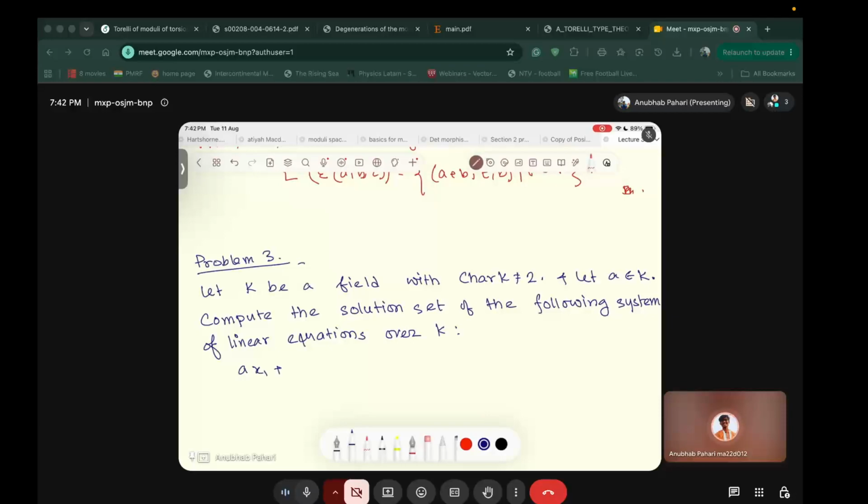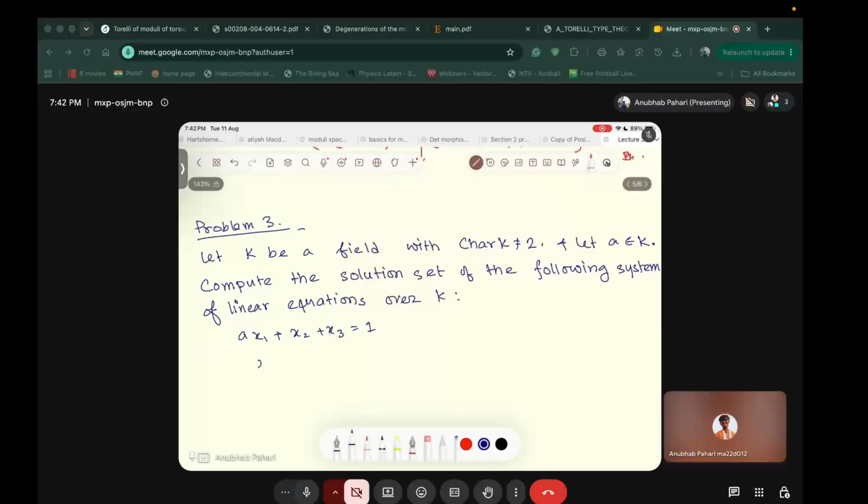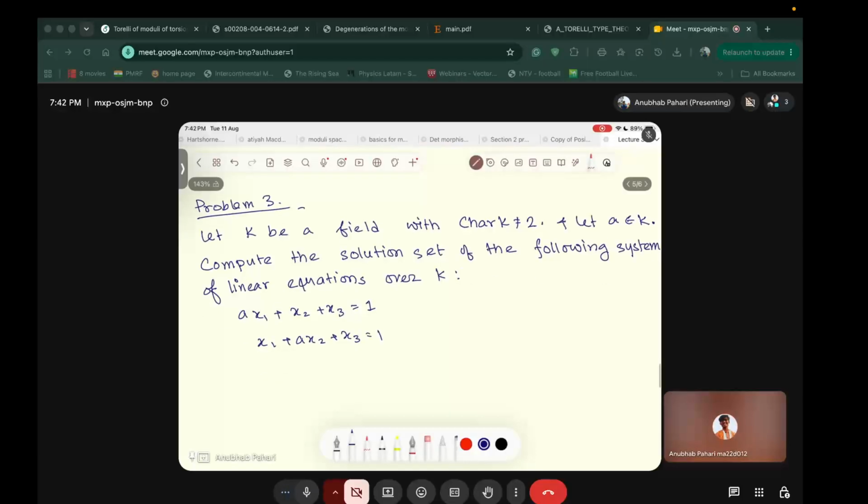x1 plus x2 plus x3 is 1, x1 plus ax2 plus x3 as 1, x1 plus x2 plus x3 is 1, and x1 plus x2 minus x3 is 1, 2x1 plus 3x2 plus x3 is 3, and x1 plus x2 plus 3x3 as 2.